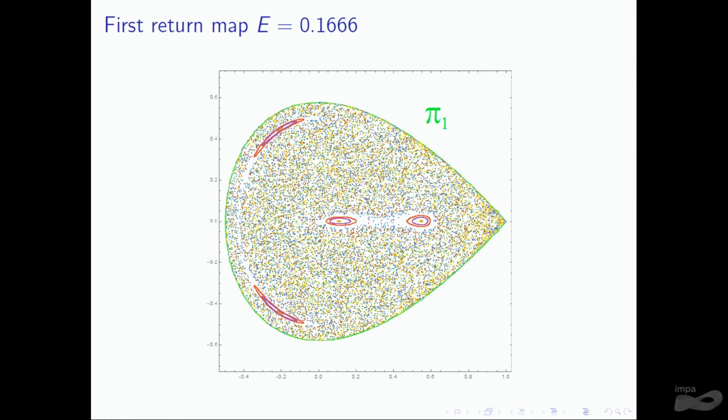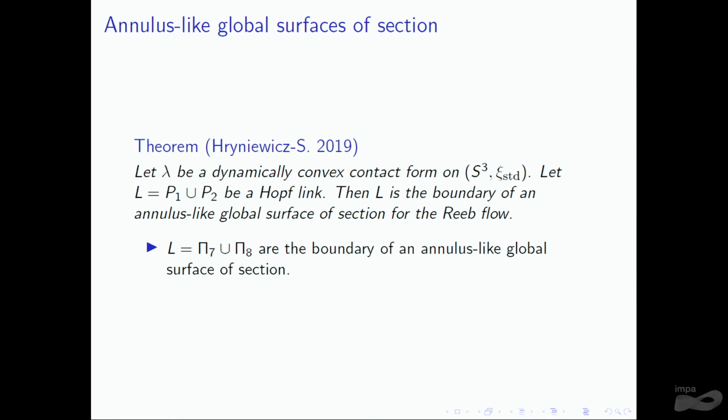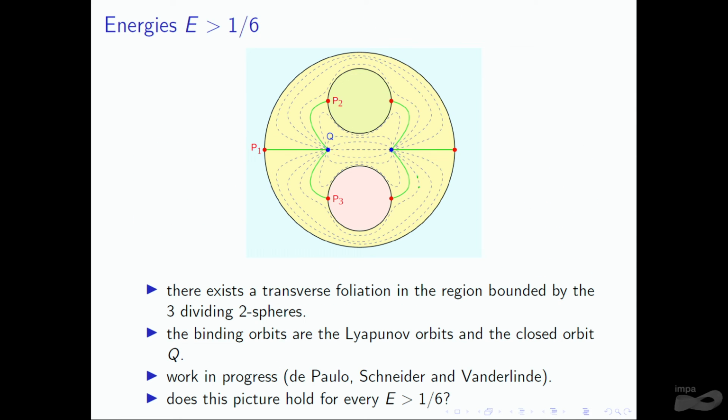So it should have index 3, and there should be the binding of this foliation in this region here. Maybe numerically it's possible to catch it, but it's not one of those, I think.